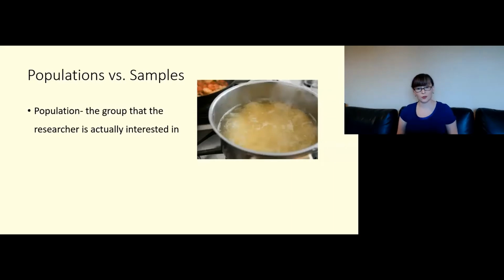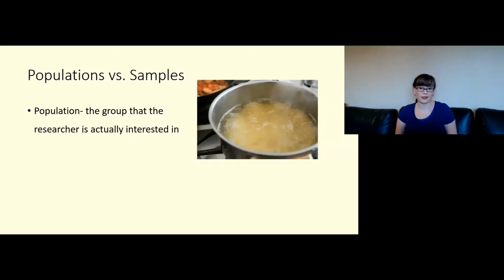But even if I just wanted to look at statistics students at New York Tech, or if I wanted to look at college students in New York, these are smaller than everyone in the world, but it's still not going to be feasible oftentimes for me to get in touch with every single individual in my population.